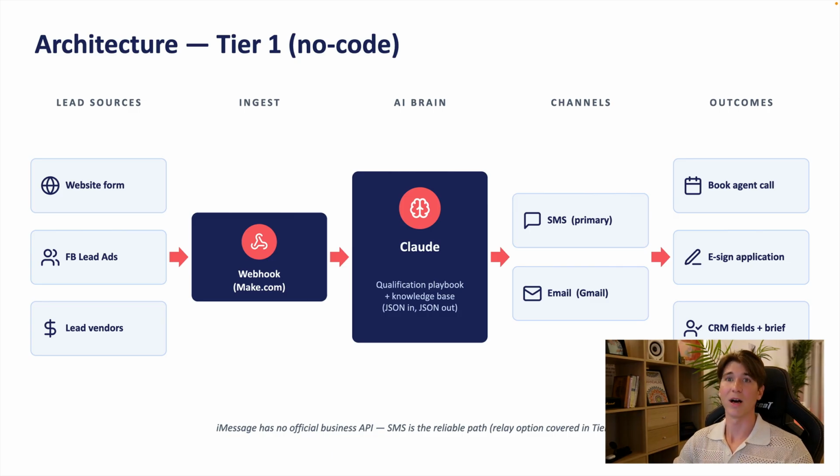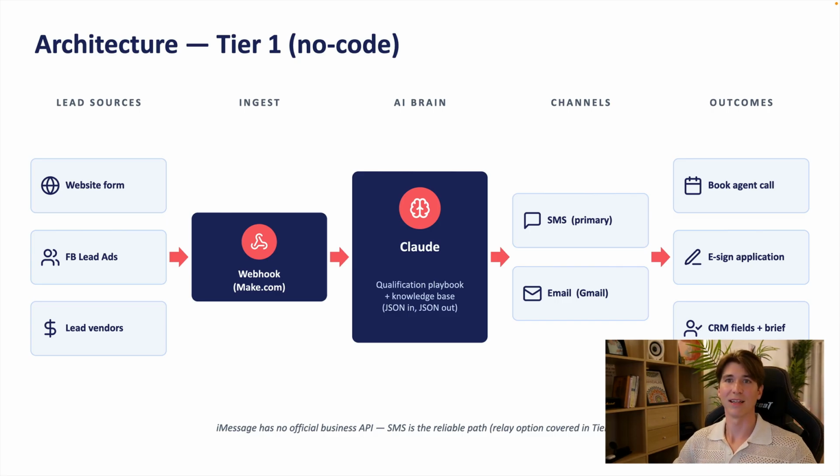And the outcome we want is to book a call with one of your human agents to really close the deal, or have them e-sign an application, rather, not a contract, for the life insurance policy. And you want all of this information to go into your CRM and contact your team instantly. So that's what this agent is going to look like.